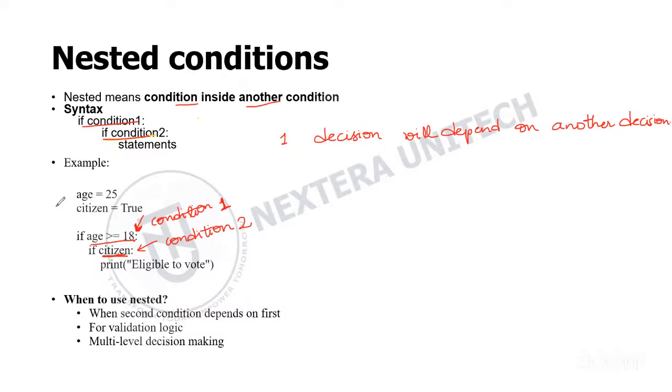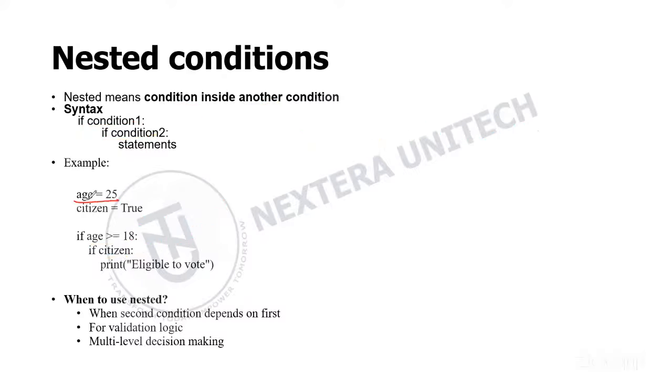Here if you see, firstly age is given as 25. So the value 25 is given to age and citizen is given the value true. What happens here is, if age, that is 25, is greater than or equal to 18, first it will check this. Is 25 greater than 18? Yes, it is true.